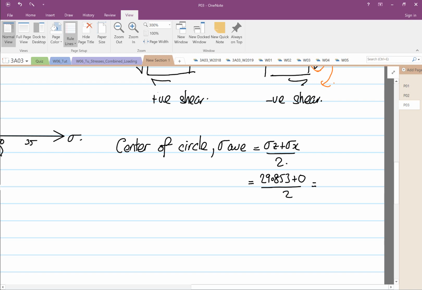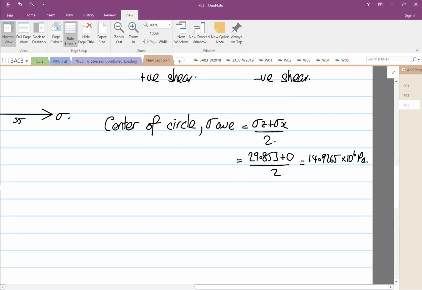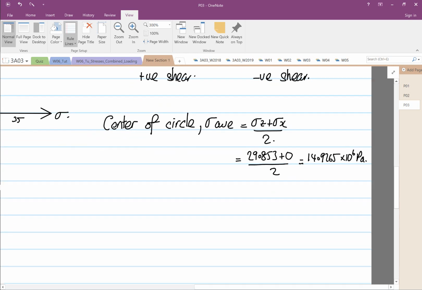So 29.853 divided by 2 is 14.9265 times 10 to the power 6 Pascal.